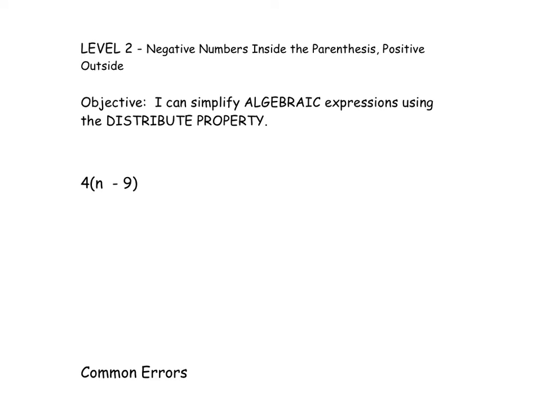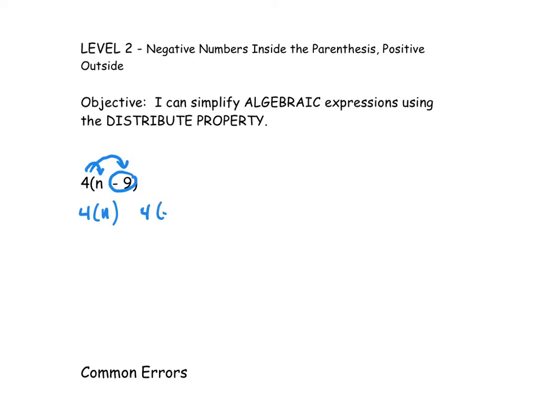And so we're going to start using our property, and we're going to acknowledge that the number outside multiplies everything inside. So this is going to be 4 times n. Now there's two ways to look at this minus 9. I'm going to ask you to look at it like it's a negative 9 for right now. So 4n minus negative 9.